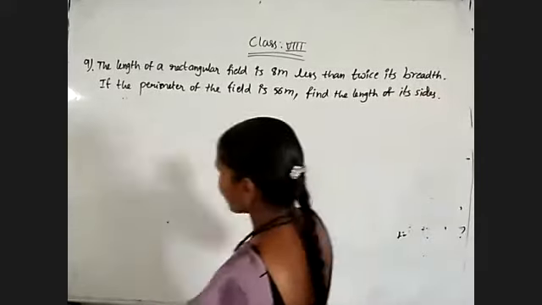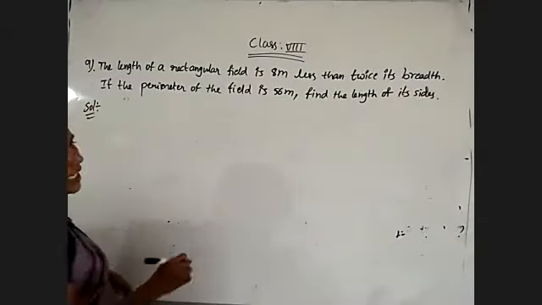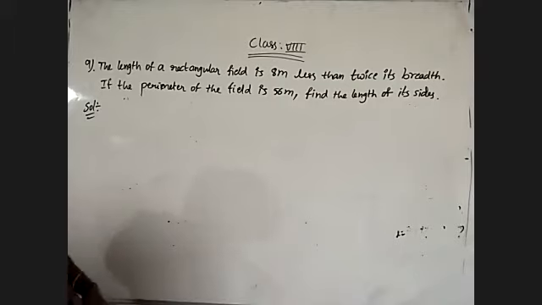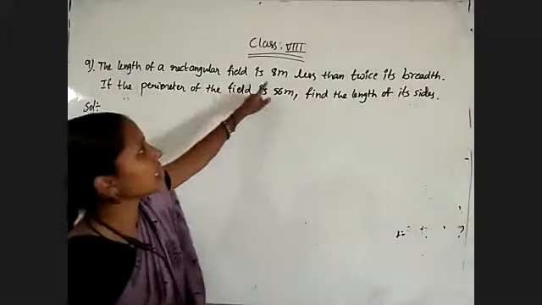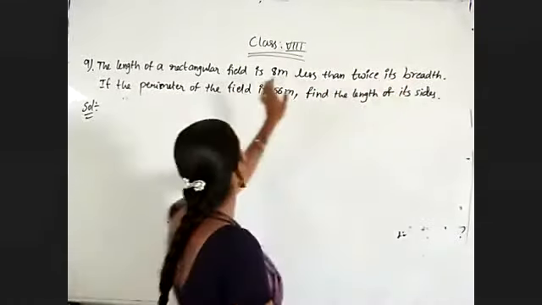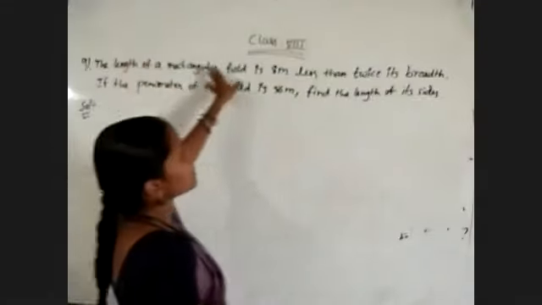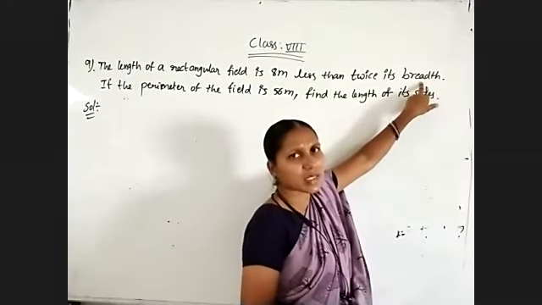Okay, observe the question. Just as we finished the 8th problem, observe this same way. The length of the rectangular field is 8 meters less than twice its breadth. So here also the length is represented in terms of breadth. They did not give the length value or the breadth value.